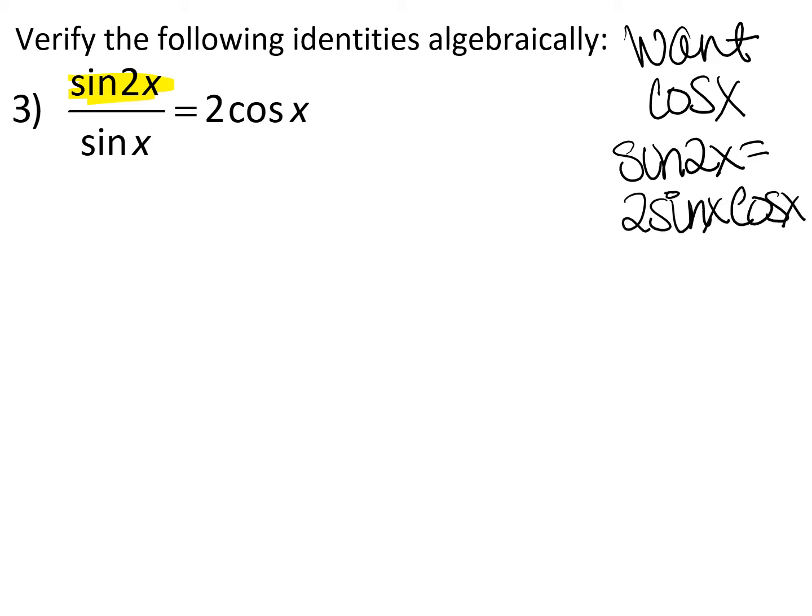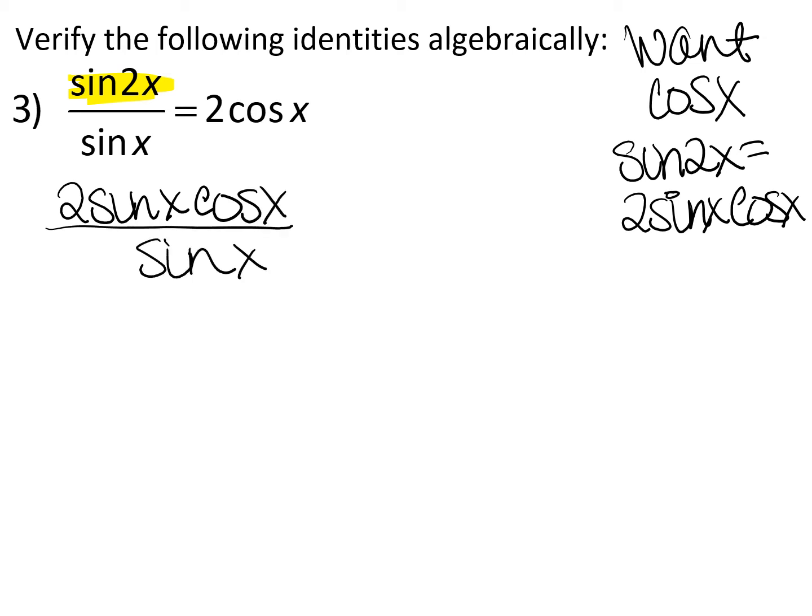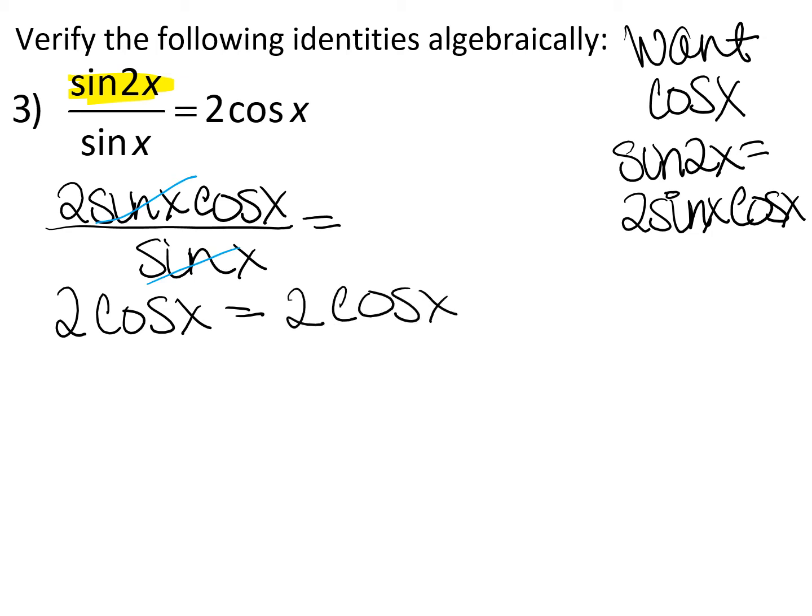So I'm going to substitute that in right there. And then I can see that I can eliminate my sines. And right away, I already have what I needed. Excellent. And this is just my thought process.